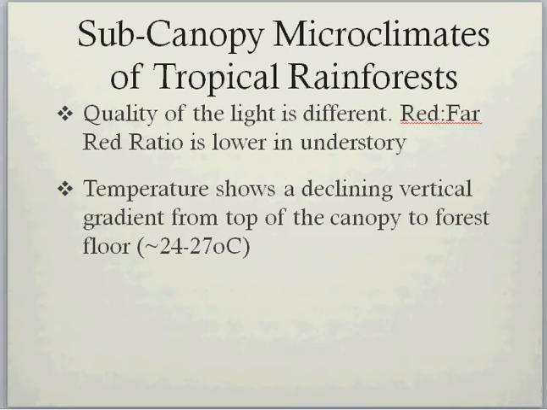The quality of light is very different as well, known as the red-far red ratio. This basically indicates that the photosynthetically active radiation is preferentially filtered out. So the red light is what the plants really take up. Far red is more of a reference level of light. So the red light is preferentially filtered out as it is used in photosynthesis to excite the photosynthetic machinery.